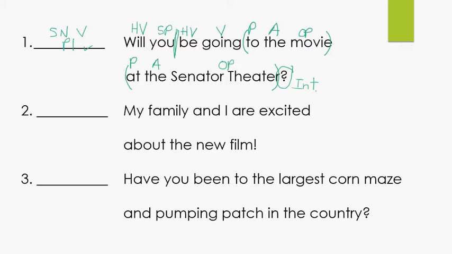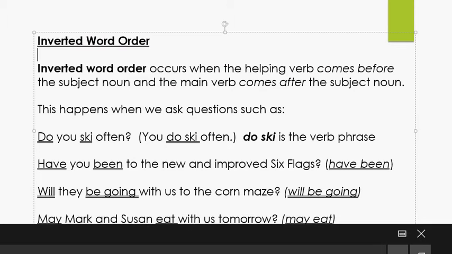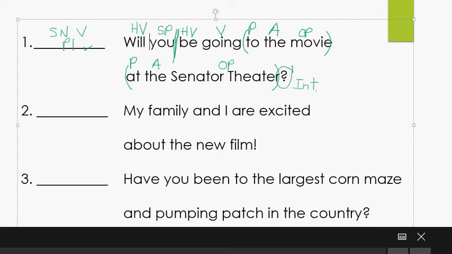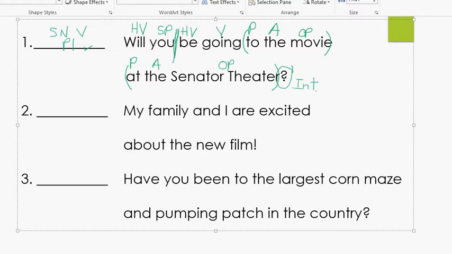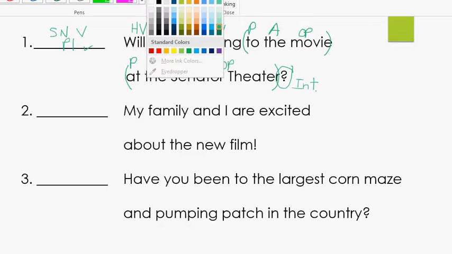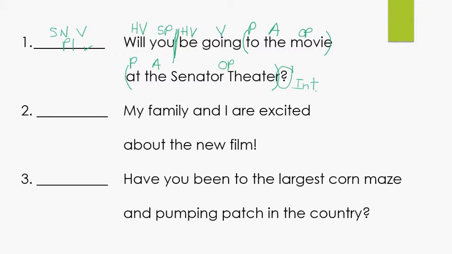So this is where we draw our line, and then we underline our complete subject. We're still going to use green. We're going to underline our complete subject once. We're going to underline our complete predicate twice.